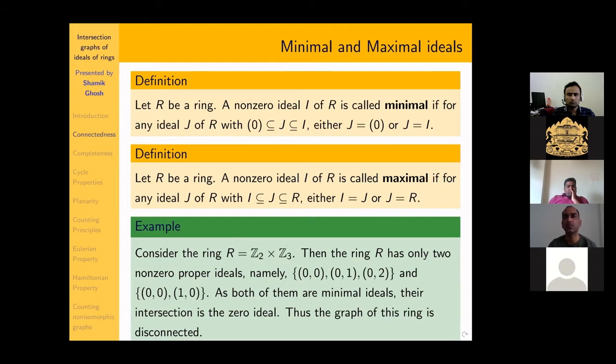One consists of 3 elements: (0,0), (0,1), and (0,2). Another consists of 2 elements: (0,0) and (1,0). These two ideals have only the common element 0, so they are minimal ideals. There is nothing in between the 0 ideal and them. So all the non-trivial ideals of this ring are minimal ideals.